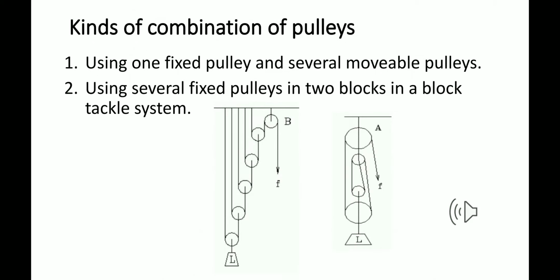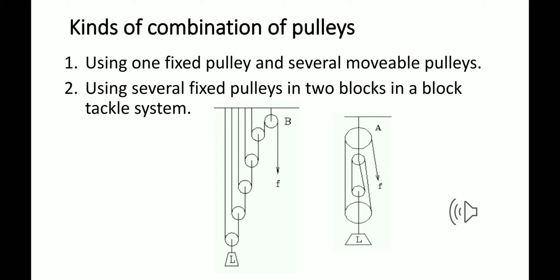So students, now we have the two kinds of combinations which we can have in pulleys. Number one, using one fixed pulley and several movable pulleys. The first diagram, can you see? One pulley is fixed, but all pulleys are movable. Only the ropes are fixed, and therefore this is the combination of when one fixed pulley is there and several movable pulleys are there according to the case which we want.